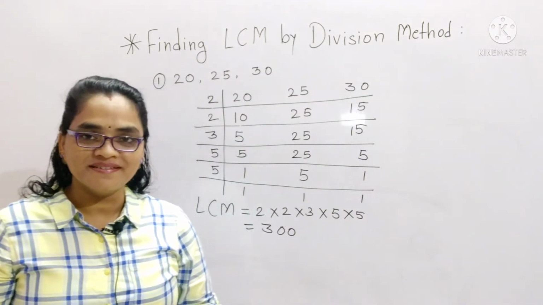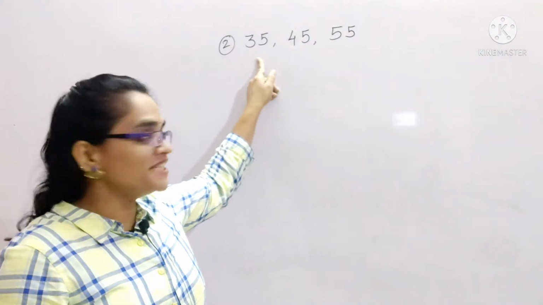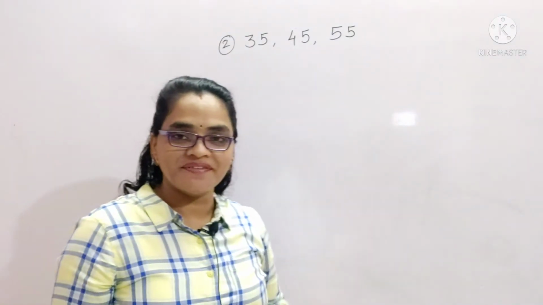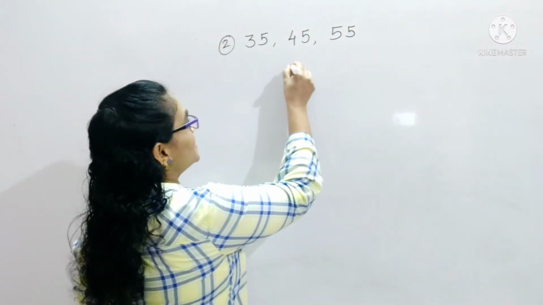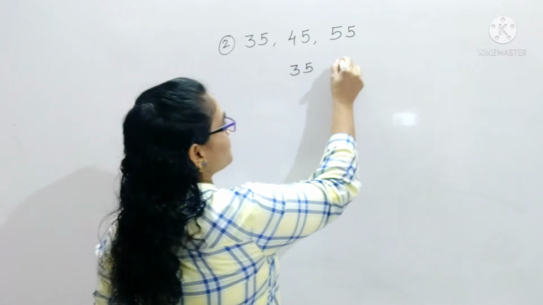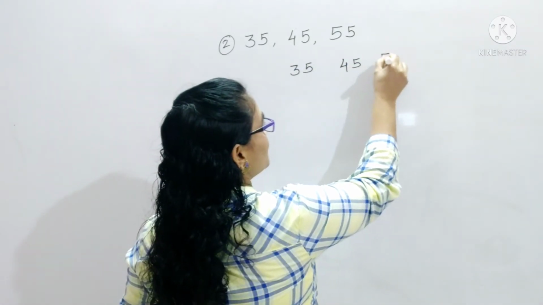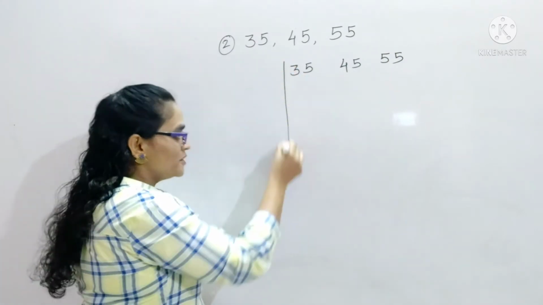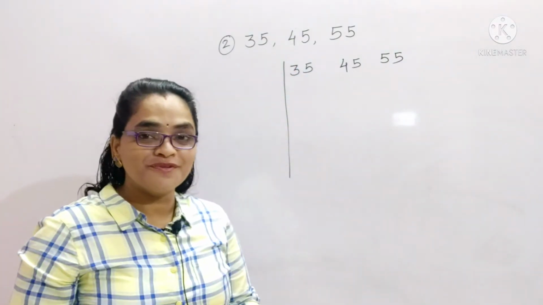See second example. Second example is 35, 45 and 55. Write down all these numbers 35, 45 and 55 and find their prime factors. But how to find?